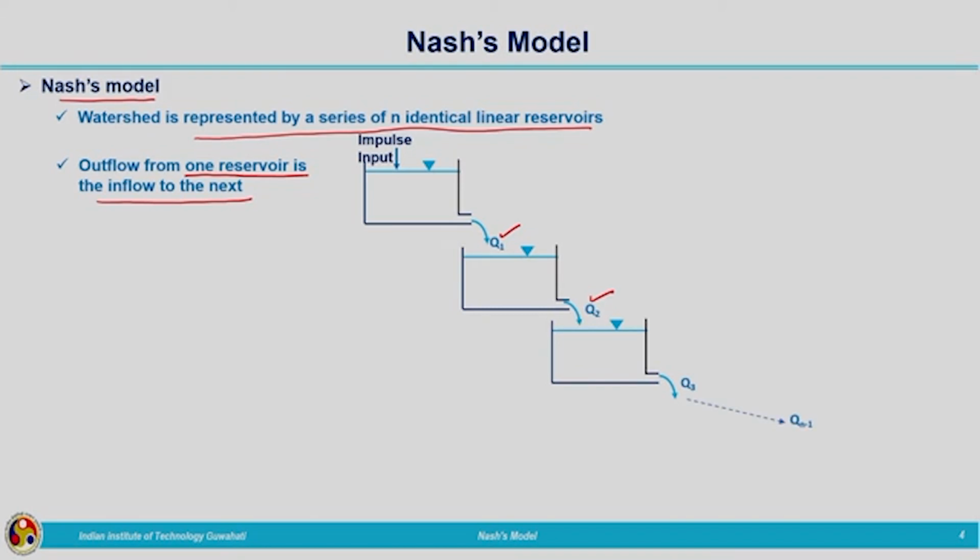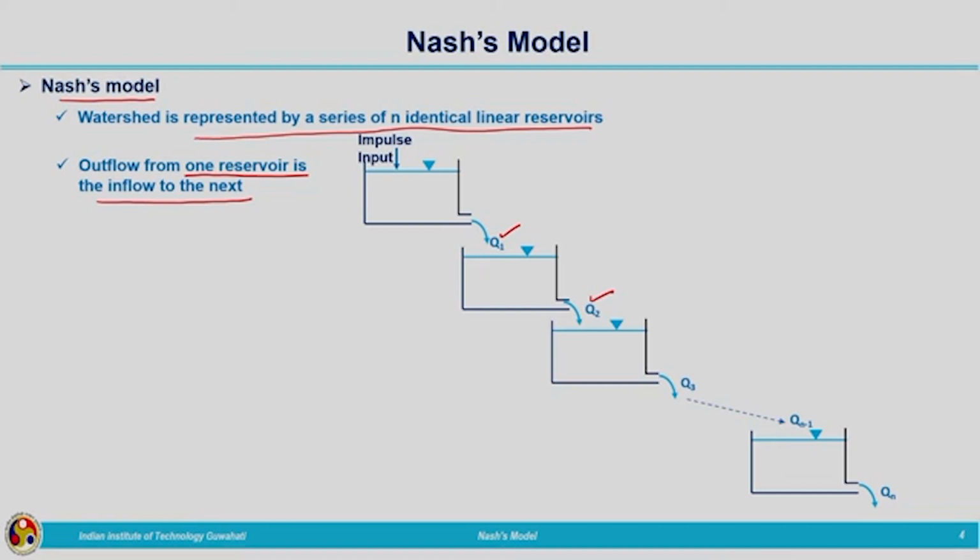The nth reservoir will have an input Qn minus 1, which will produce a response or output as Qn. So, this is the schematic representation of a catchment which we assume consists of a series of n linear reservoirs. The first reservoir is acted upon by the impulse input, and that continues like that.